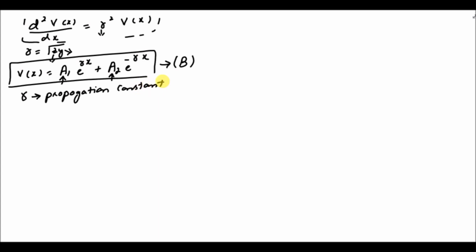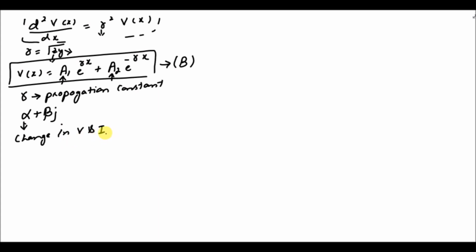It has two parts. One is alpha, which is the attenuation constant, and the second one is beta, which is the phase constant. So the propagation constant itself is a complex number. Alpha is the attenuation constant and it measures the changes in the magnitudes of voltage and current per unit length.